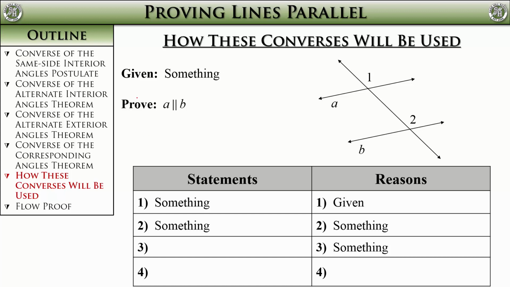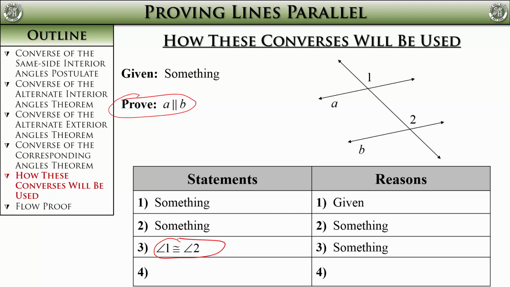So when you see a proof where the prove line is to prove two lines parallel, you should immediately think to one of these four converses. Somehow, some way, it is more than likely one of them will be the reason for the last step of the proof. So in this case, statement 3 happens to be angle 1 is congruent to angle 2. Looking at those two angles, you should be good at seeing what type of special angles those are. Angle 1 and angle 2 are corresponding angles.